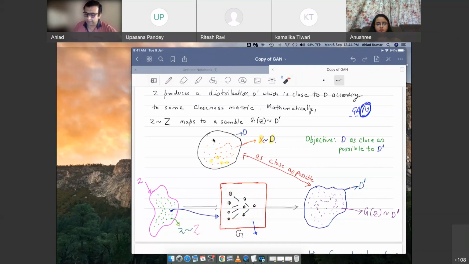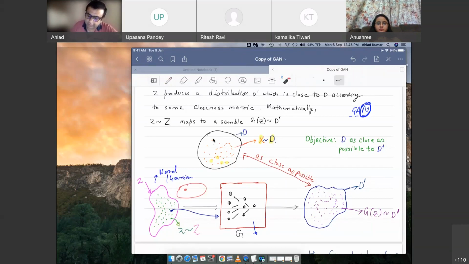This block takes a random noise Z, which you sample from a distribution capital Z. I have drawn it with an arbitrary shape, but normally they take a normal or Gaussian distribution, so the diagram should be an ellipse.